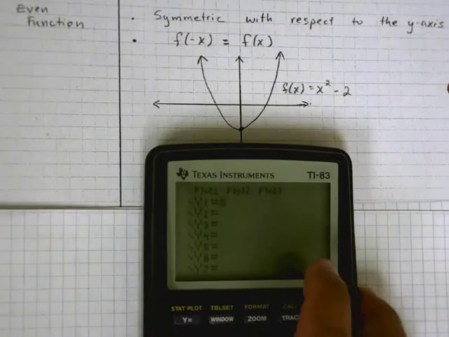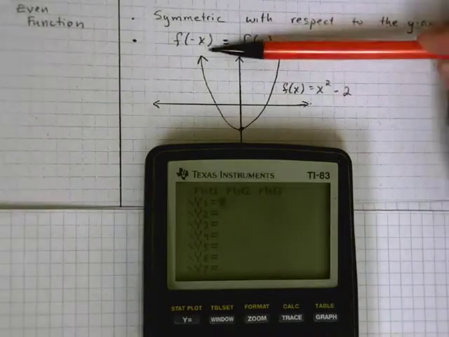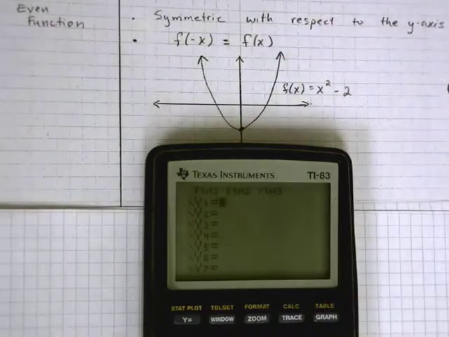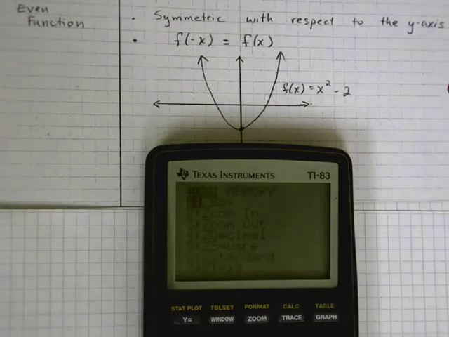Now, in order to explore and demonstrate the algebraic properties of an even function, I'm going to use my calculator, and I'm just going to type the function here, x squared minus 2, and graph it with a standard window. So there you have it.